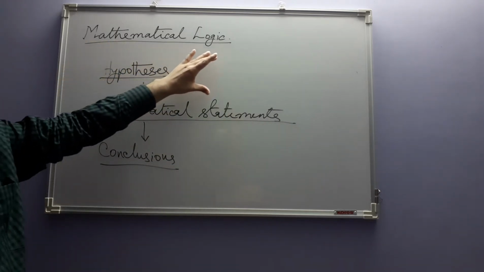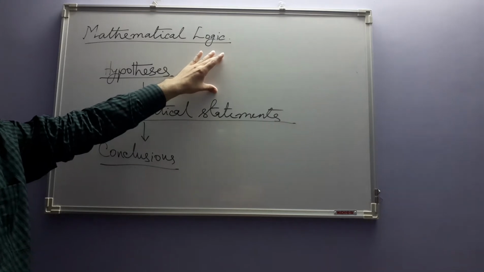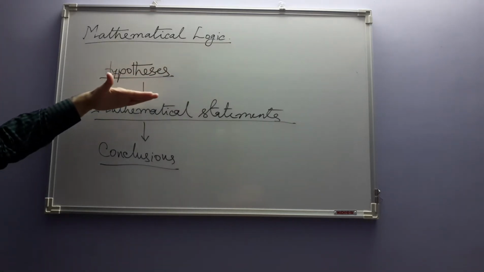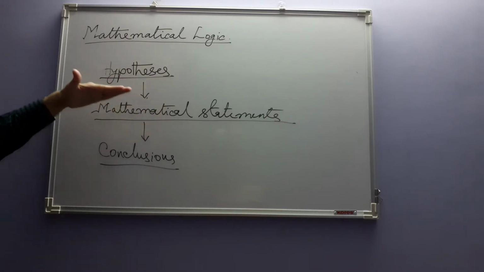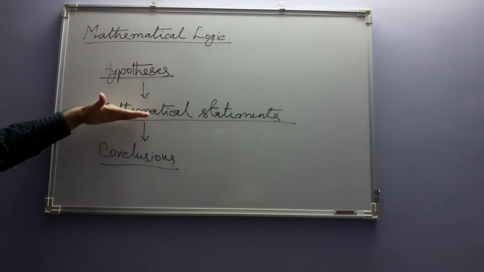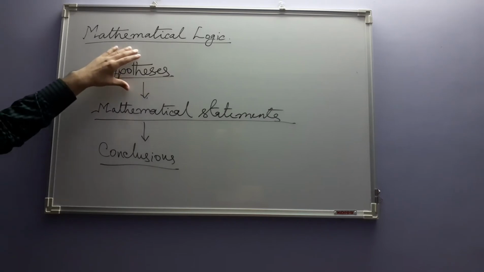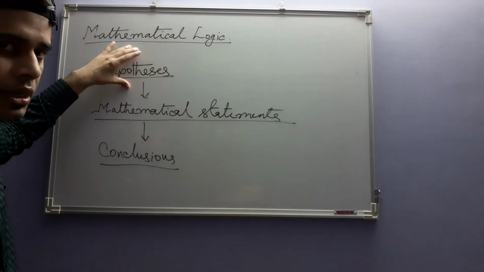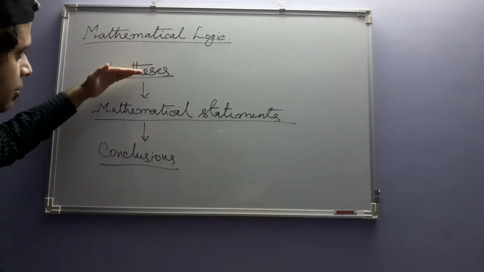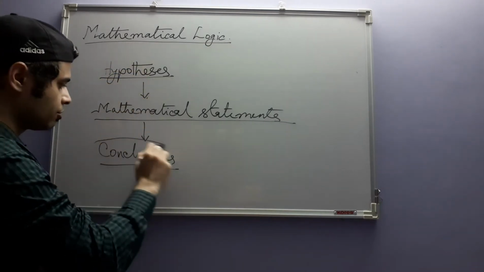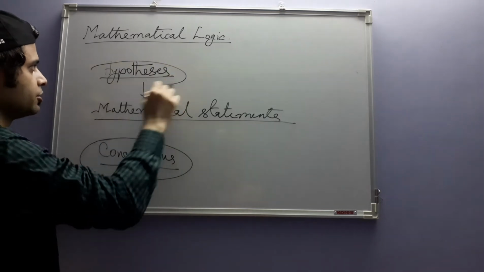Hypotheses are conditions or statements which are already given to you, and then you go through some mathematical statements where each statement depends on the truth of the previous statement. So we start by assuming that the hypotheses are true, and then we go through logical steps to arrive at some conclusion, and we get that the conclusion is true.